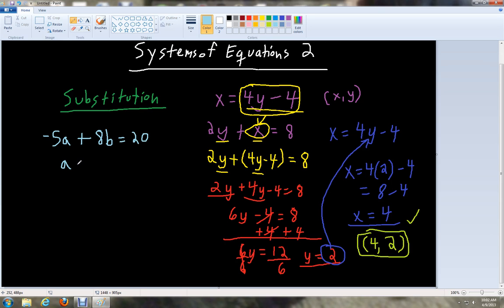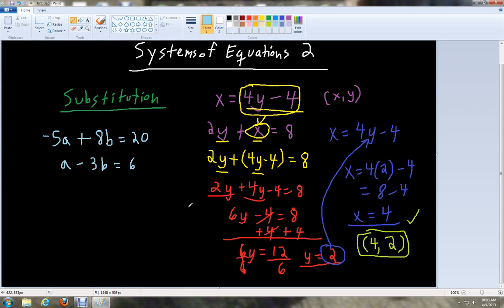Then we have a minus 3b equals 6. So this is our 2 equations, 2 unknowns. This time we're using the variables a and b.